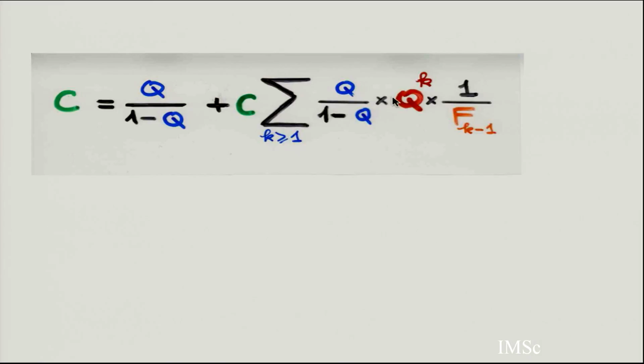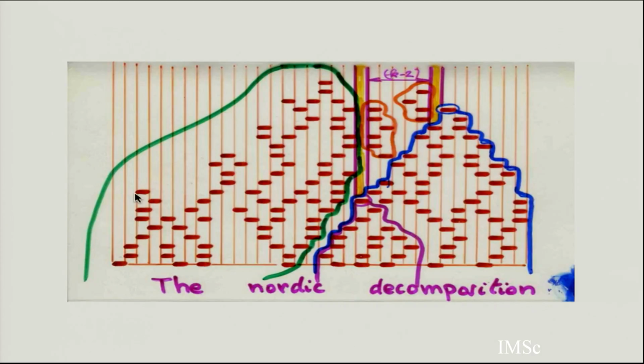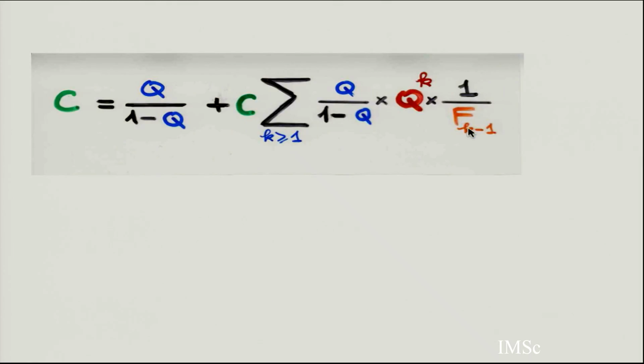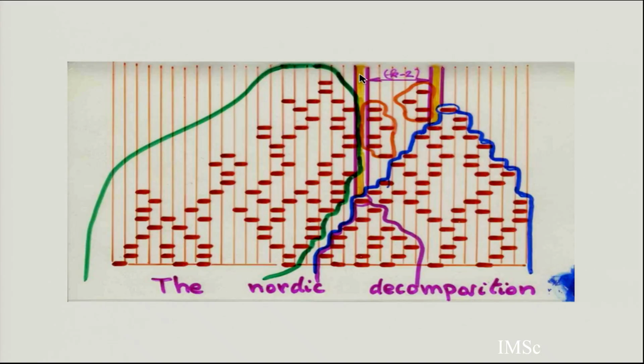So the blue, why is it q power k plus 1 divided by 1 minus q? This is a general heaps between the two yellow strips. This is the left component, the C, which is here, the C, which is here. This is 1 over Fibonacci k minus 1, because it's between the two yellow. This length is k minus 1.